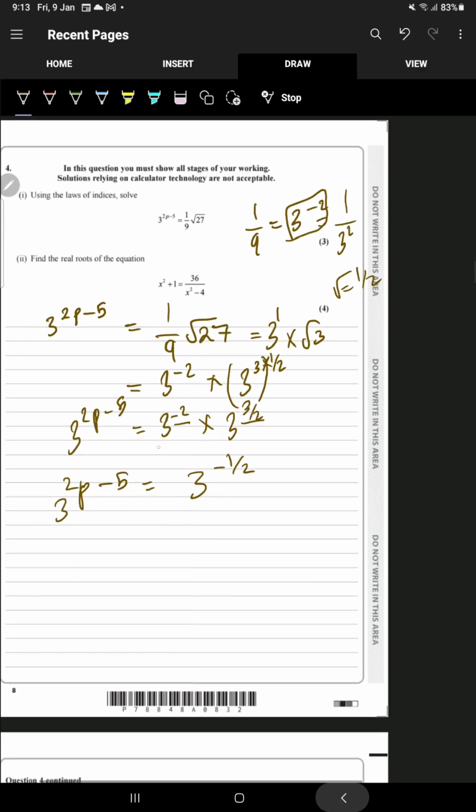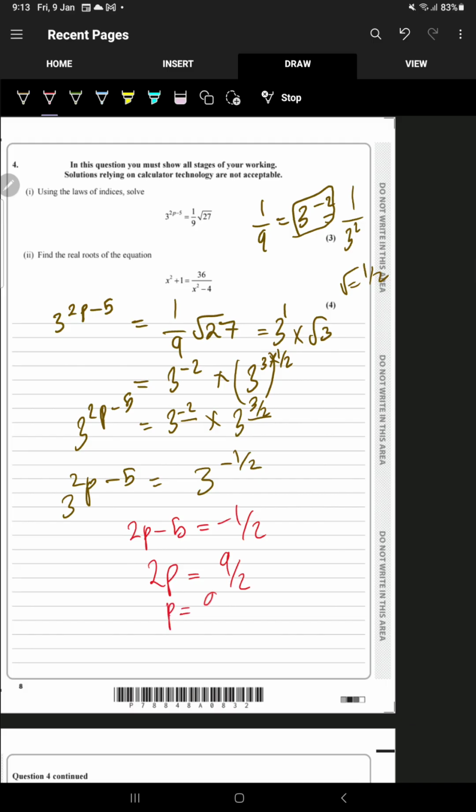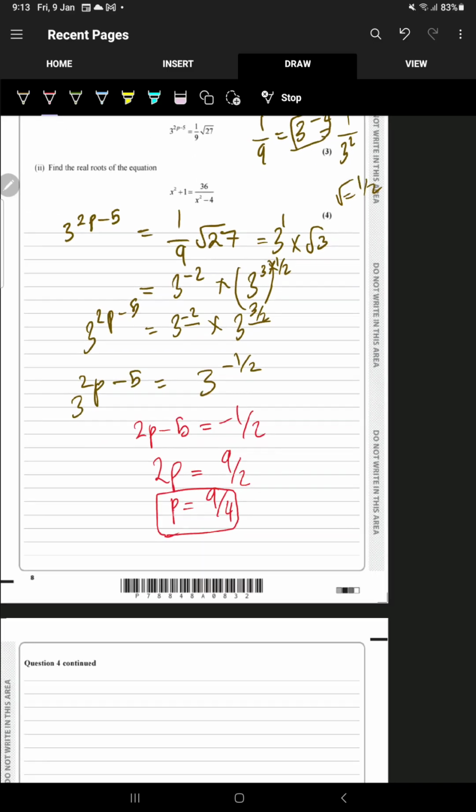Now we can solve this equation. So 2p minus 5 is equal to minus a half, so minus a half plus 5 is going to give us 9 over 2 is equal to 2p, and 9 over 2 divided by 2 is going to give us 9 over 4, and that's our answer.